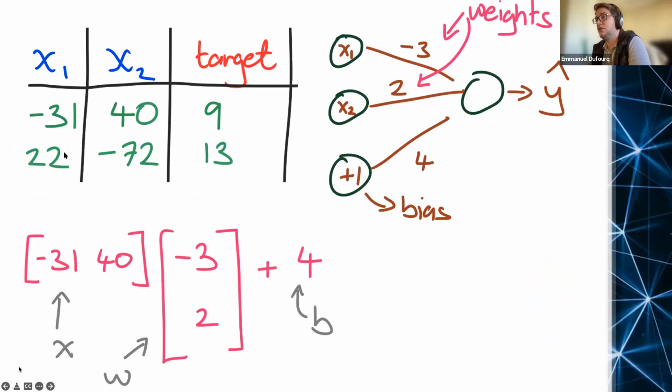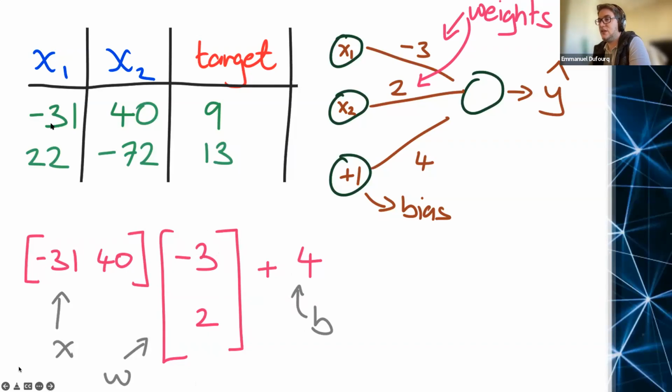So for my first instance of data, I can write that as a vector -31, 40, and then I can write the weights as a column vector -3, 2, and the bias.